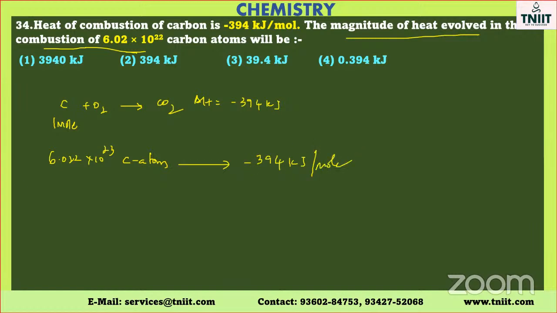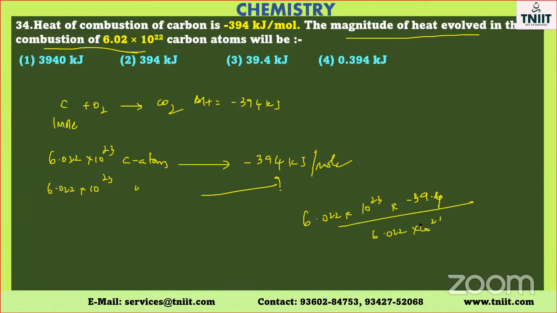Kilojoules per mole. Now, if 6.022 into 10 power 22 carbon atoms are combusted, it's a cross multiplication: 394 divided by 6.022 into 10 power 23, times 6.022 into 10 power 22.